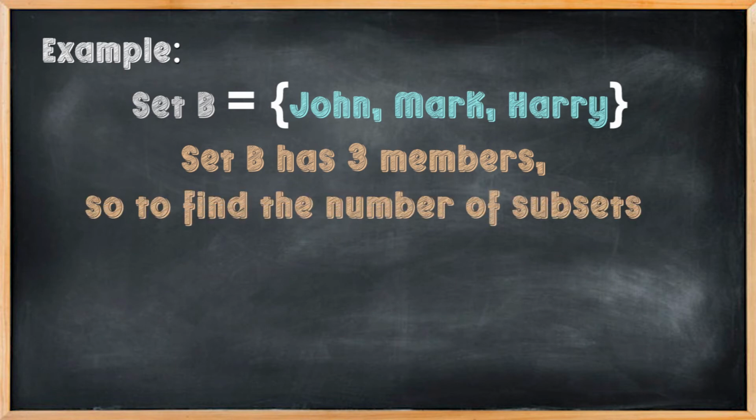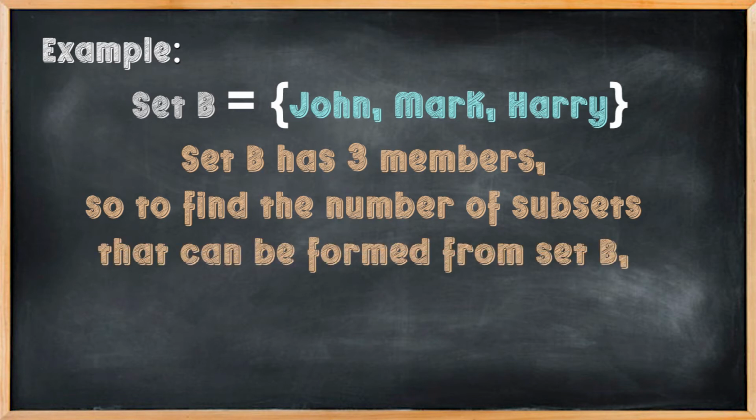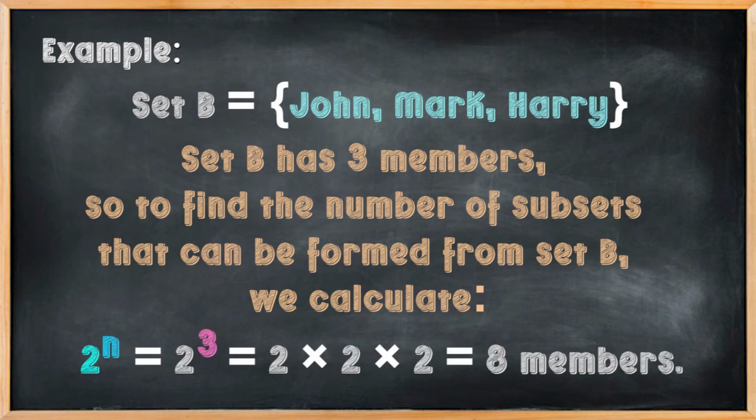So to find the number of subsets that can be formed from set B, we calculate, what's that formula? 2 to the n power. Now the n represents the number of members of that set. Set B has 3 members. So 2 to the n power becomes 2 to the third power.